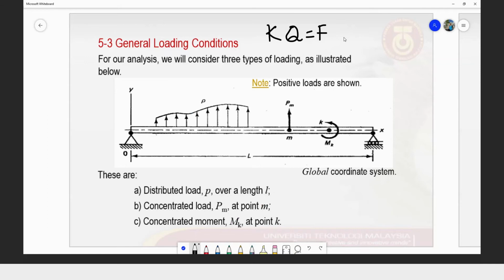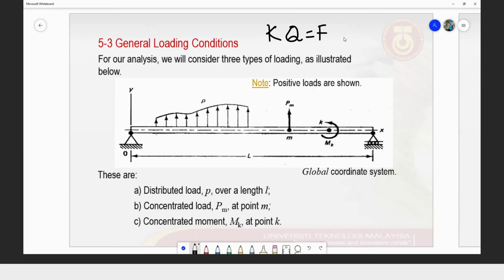Cuma untuk heat transfer tu, system of linear equations dia bentuk sama, cuma variable dia kita pakai lain. Sebab kita dah consider untuk temperature kan, yang ni untuk force.